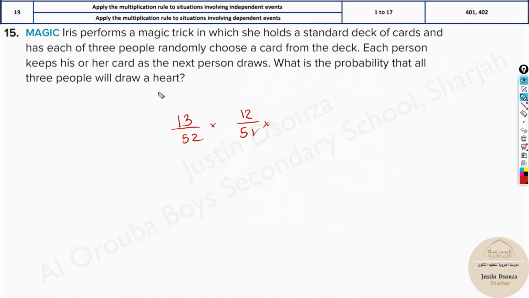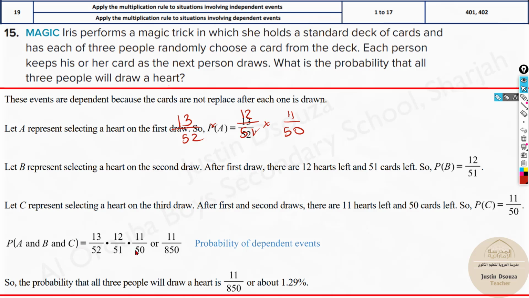And even the third person is drawing a heart, so it's going to be 11 by 50. Put it in the calculator, you will get the answer. You can write it as PA, PB, and PC and then solve it the way you can see it. So remember, as more cards are being drawn of the same suit, it reduces 13 to 11 and even the total number of cards 52, 51, 50. So it's 1.29%.